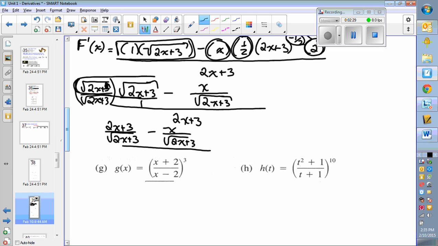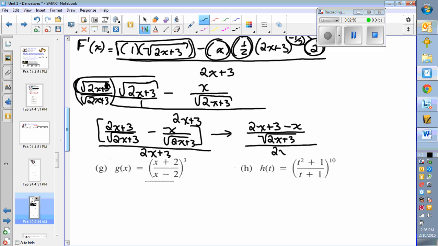And that whole thing is still over 2x plus 3. You can now combine those together and get 2x plus 3 minus x over the square root of 2x plus 3 all over 2x plus 3.